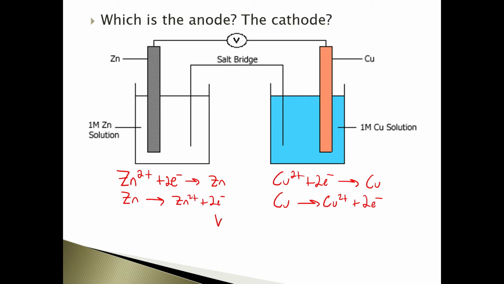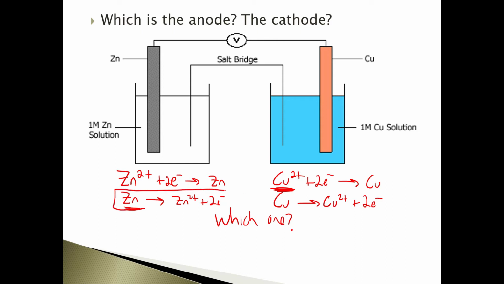As I mentioned in our lab, we just have to decide, okay, we pick the one that's more likely to oxidize, so the stronger reducing agent, and the one that's more likely to reduce, or the stronger oxidizing agent. We pick those two, and that'll be our reactions. So in this case, I do believe copper is the strongest oxidizing agent, and zinc is the strongest reducing agent.